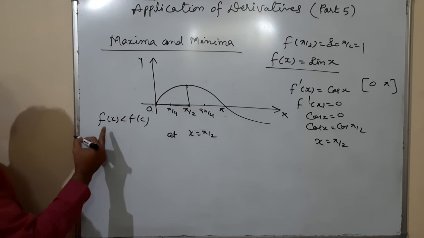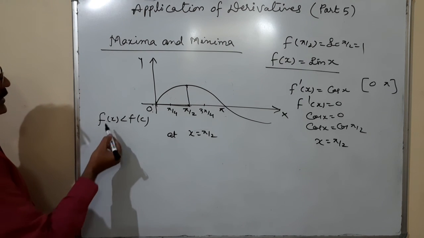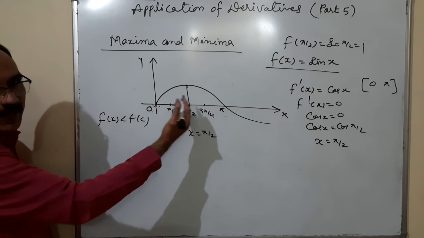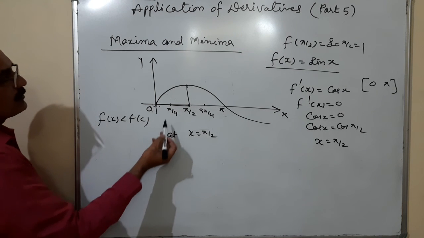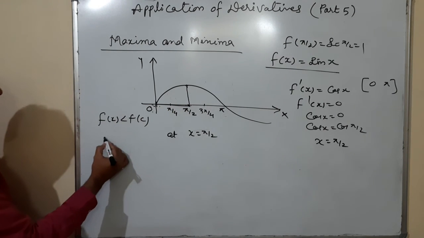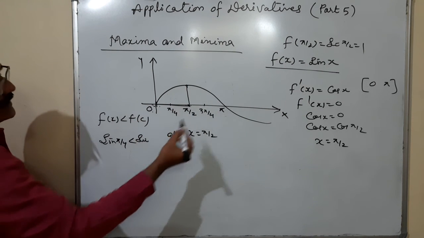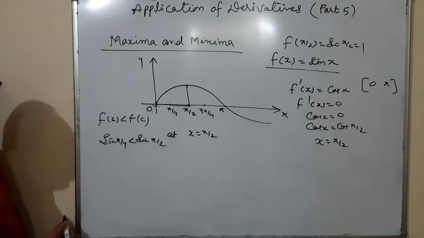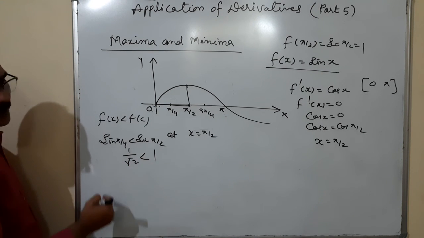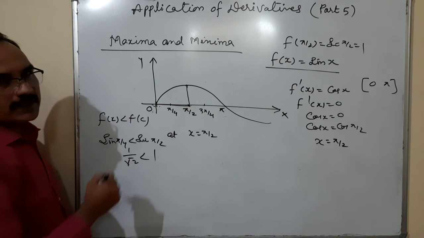In place of x we can put any value in the interval from c minus h, so between 0 and pi by 2, I can put pi by 4. Sine pi by 4 is less than sine pi by 2. Sine 45 is 1 by root 2, which is less than 1, which is true. So f of x is less than f of c, that means the function has a maximum.